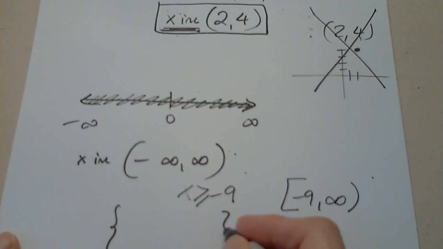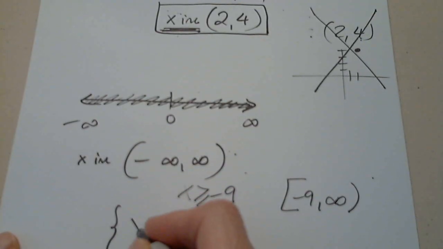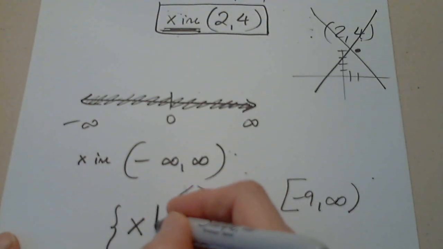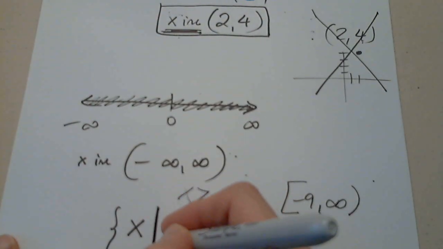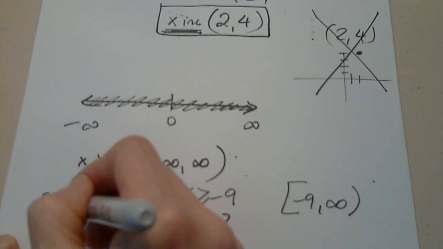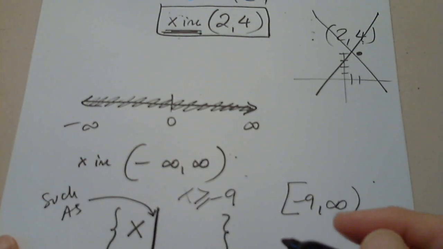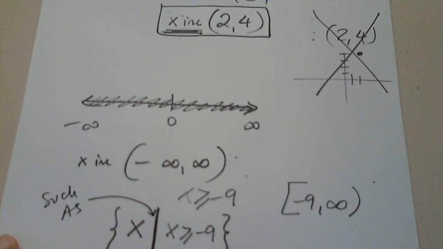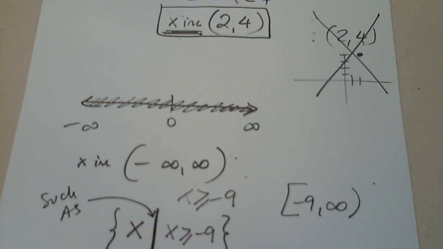Or I can say it is the set of all x values having the property. This vertical bar means such that, or having the property. What is the property? X must be greater than or equal to -9. So this is the so-called set builder notation.